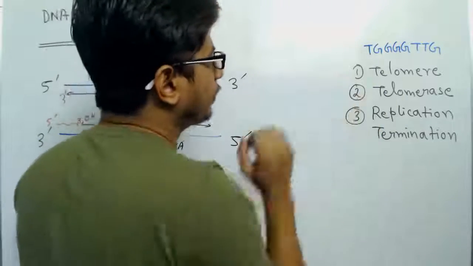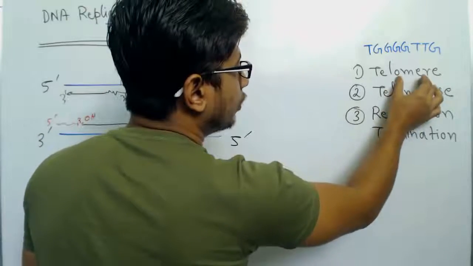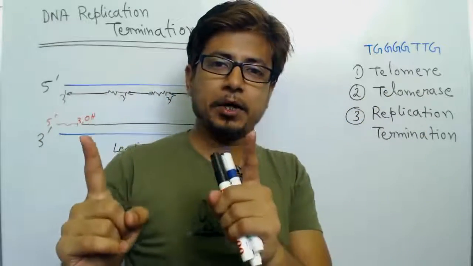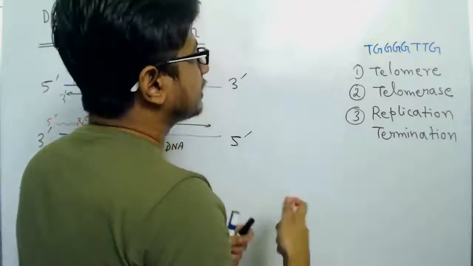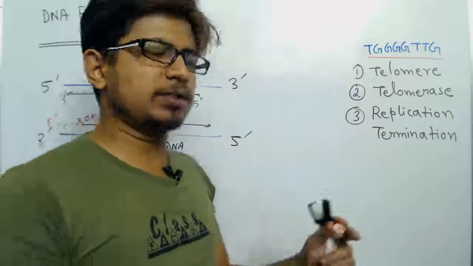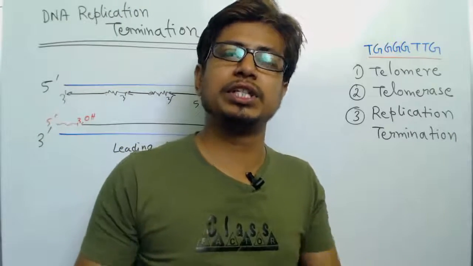How? To understand the process, you need to know the structure of both telomere and telomerase. Now, telomere is the end of eukaryotic linear DNA. And the end of telomere has a lot of G-rich sequence. It's not always conserved, but it mostly contains more and more G repeats.